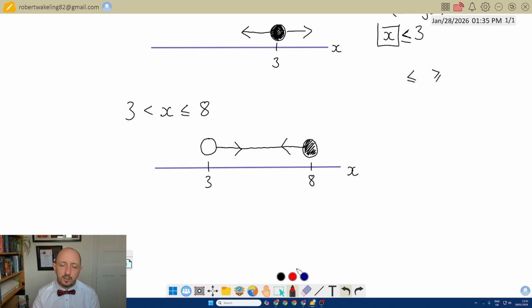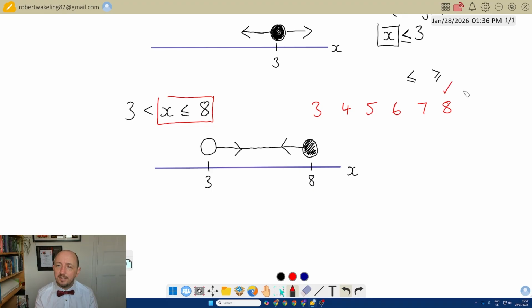And then they might ask you to list the numbers that satisfy this inequality. And that just means give me some numbers where this would be true. So think of a number between 3 and 8. Let's try to do it in order so we don't miss any. 3, 4, 5, 6, 7, and 8. And then we have to be a little bit careful about the extremes, because when you look at this half of the inequality, it's saying x is less than or equal to 8.